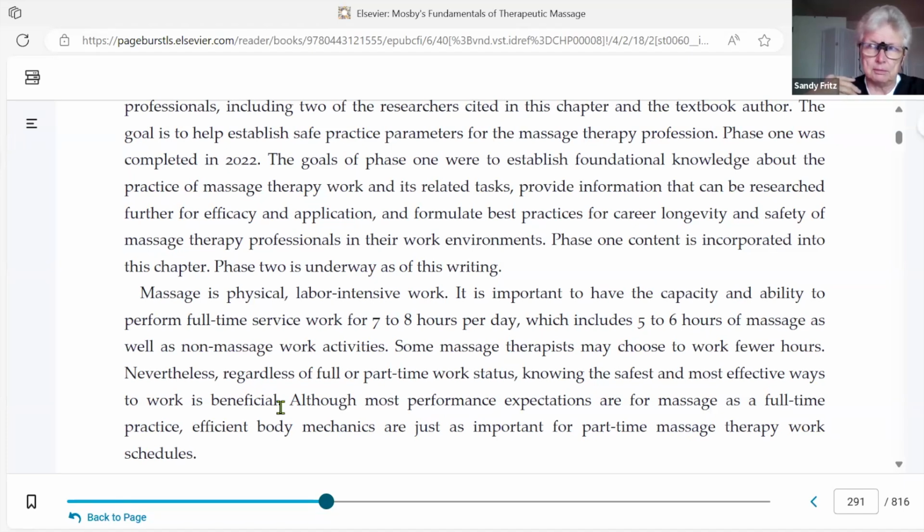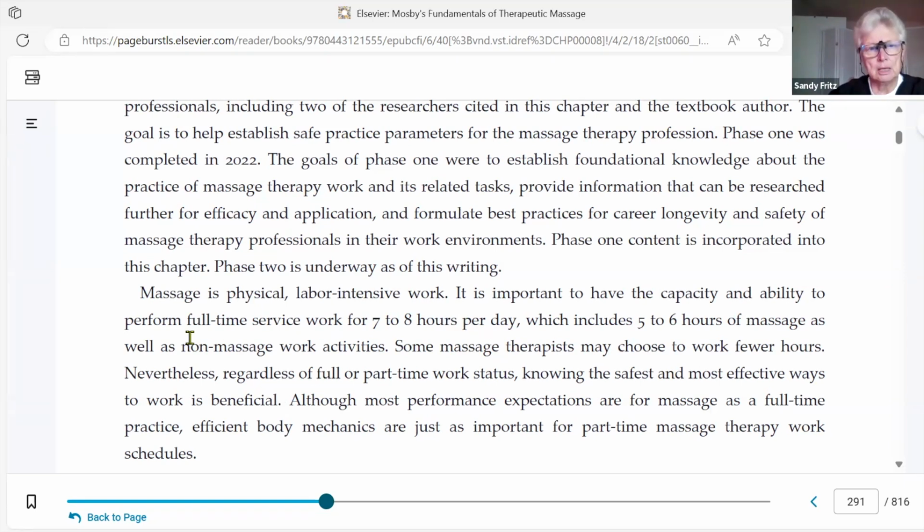So the ergonomics and biomechanics principles that focus on other occupations are applicable to us if they are talking about the type of force delivery that we do with massage and the more ongoing repetitive movements.